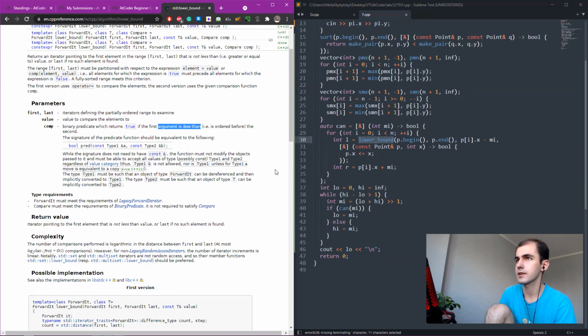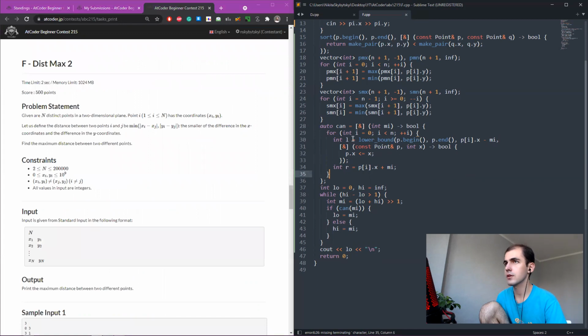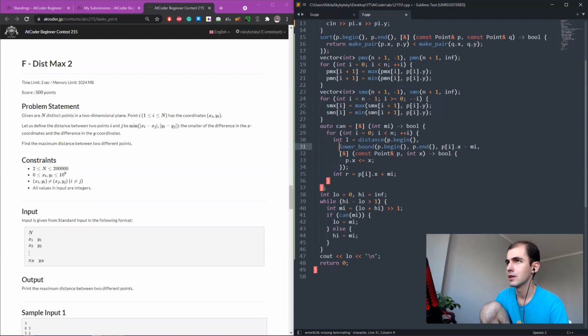Ordered before second, so this returns true if the point is ordered before the value that we're looking for. Alright, appears to be correct. Now this is of course an iterator, so we have to call that. And I feel like we may need to subtract 1 from it, because this is the element that we're looking for, but we can do it a bit later.